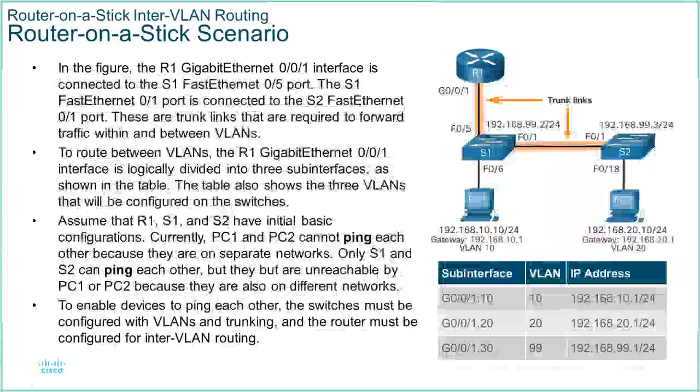So the 2 switches are on 99, so they're directly connected, and they'll be able to talk to each other. VLAN 20 and VLAN 10 cannot connect to each other because they need to go through a router or a layer 3 device, and we haven't configured inter-VLAN routing at this stage.